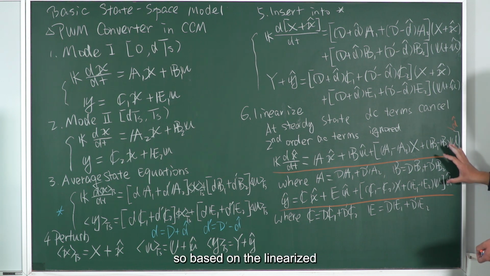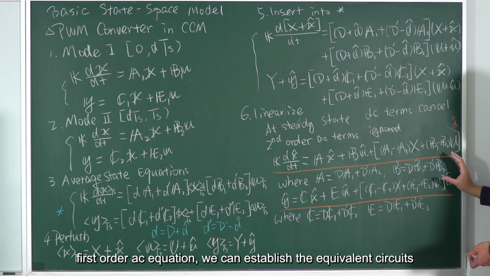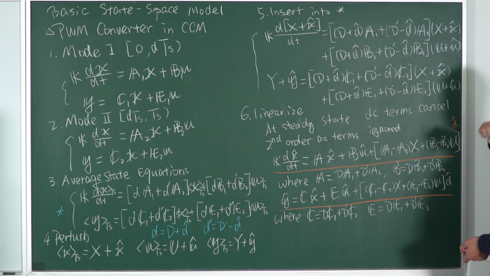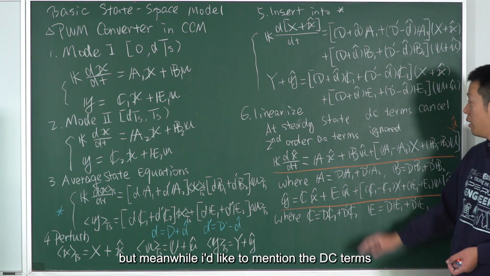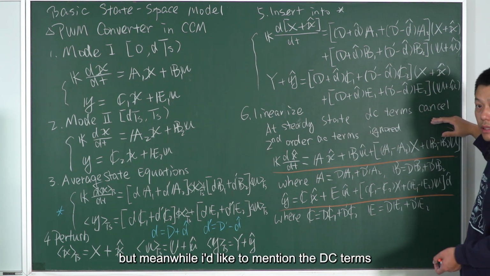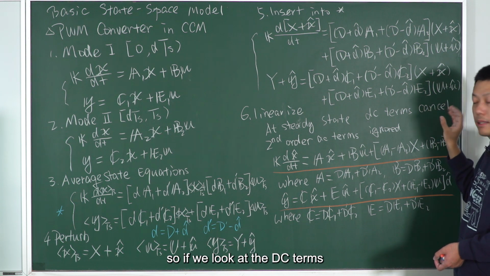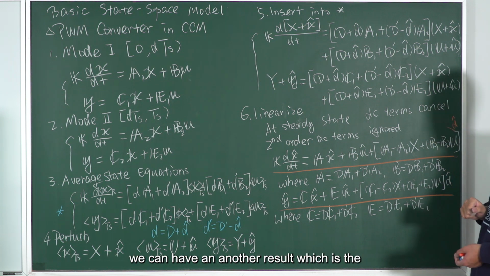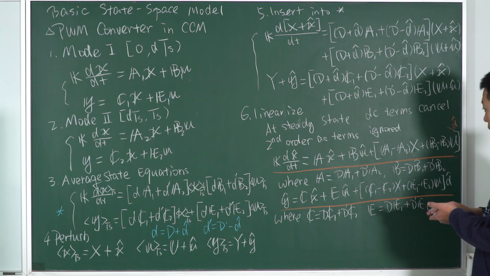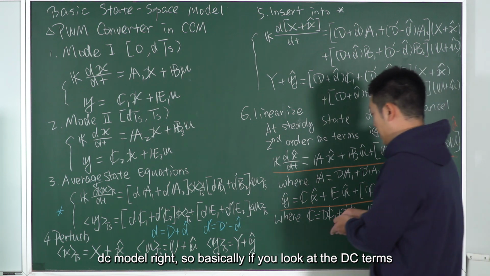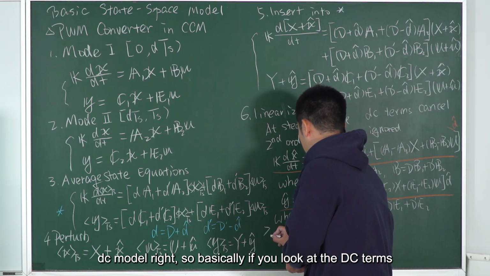So based on the linearized small signal AC equation, we can establish the equivalent circuits. But meanwhile, I'd like also to mention the DC terms. So if we look at the DC terms, we can have another result, which is the DC model, right?